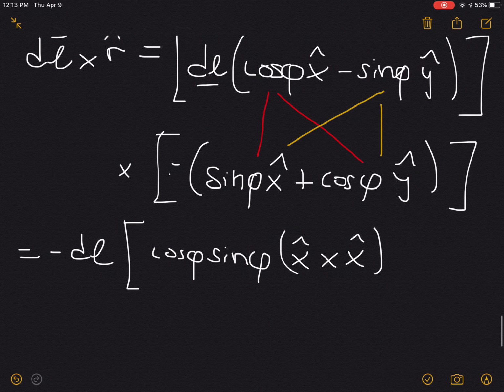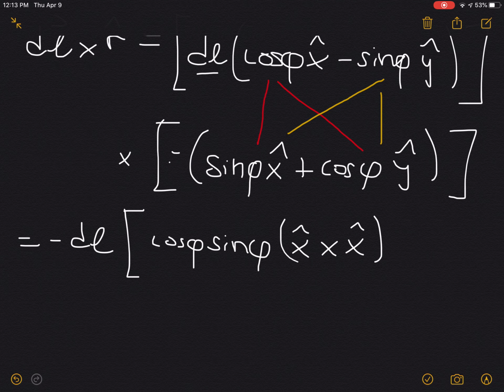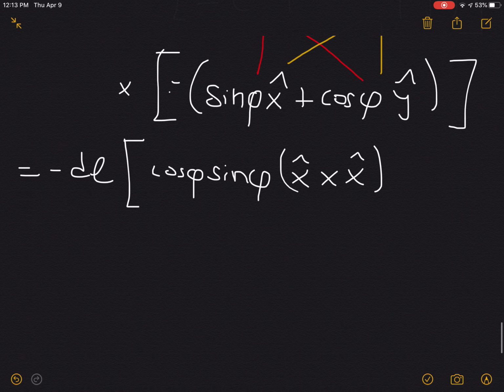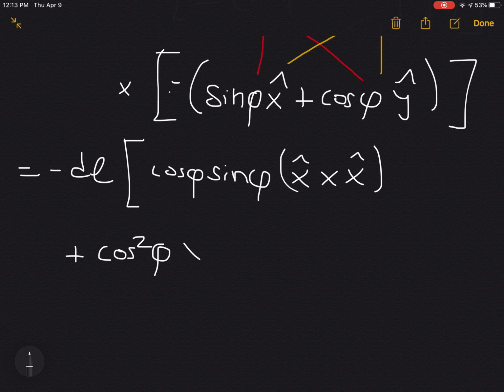And then you're going to get this second red line, which is cos phi times cos phi. So you're going to get plus cos squared phi x hat cross y hat.